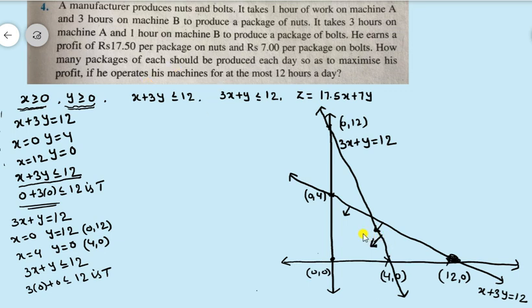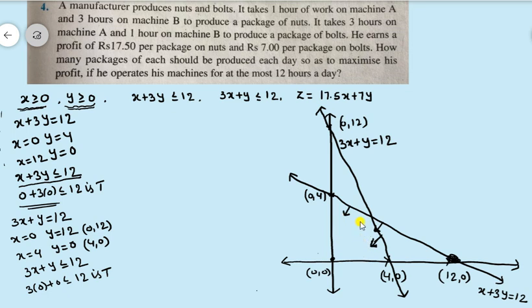Observe once again: x and y are positive because x greater than or equal to 0 and y greater than or equal to 0 is possible only in the first quadrant. Here x plus 3y less than or equal to 12 is towards the origin, and 3x plus y less than or equal to 12 is also towards the origin. This is the common portion we got.